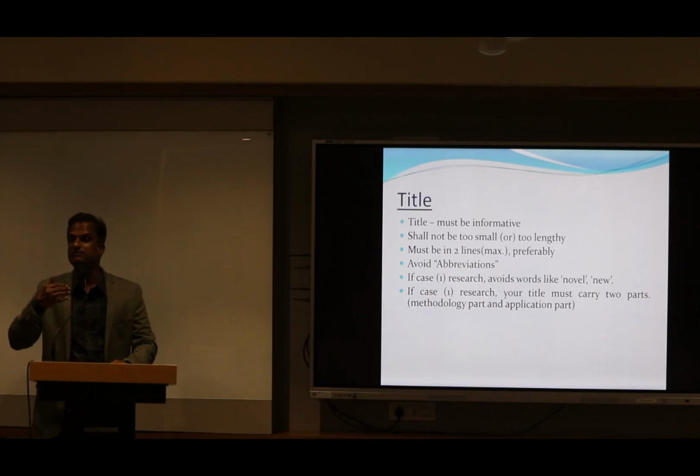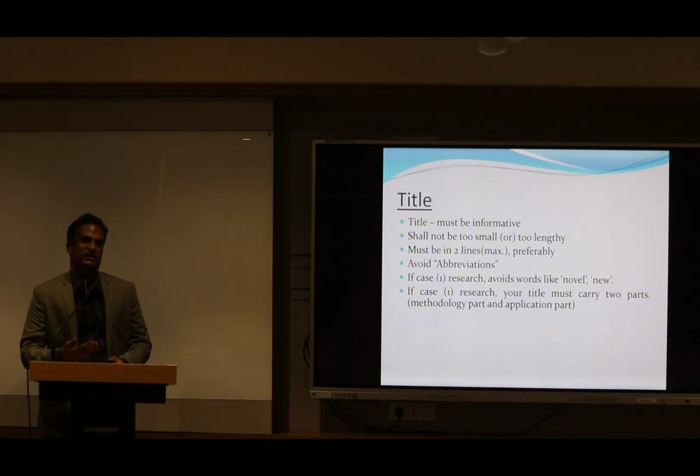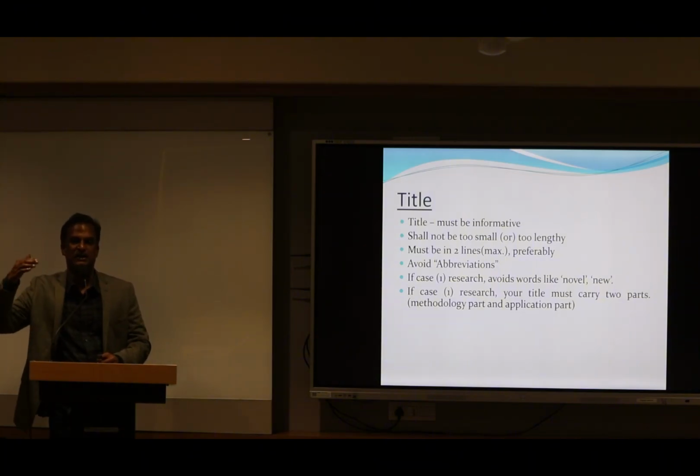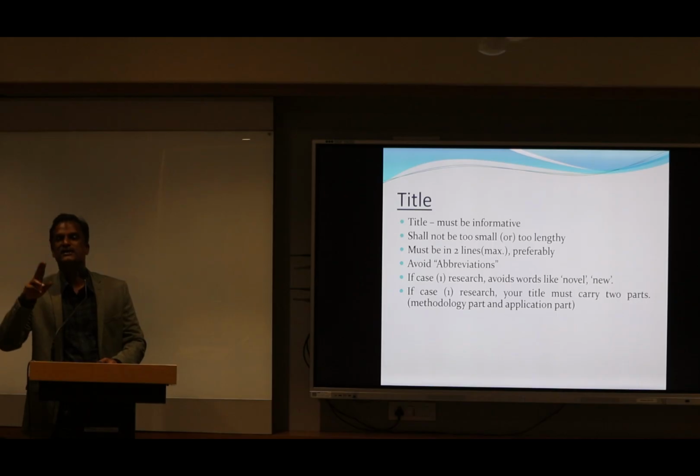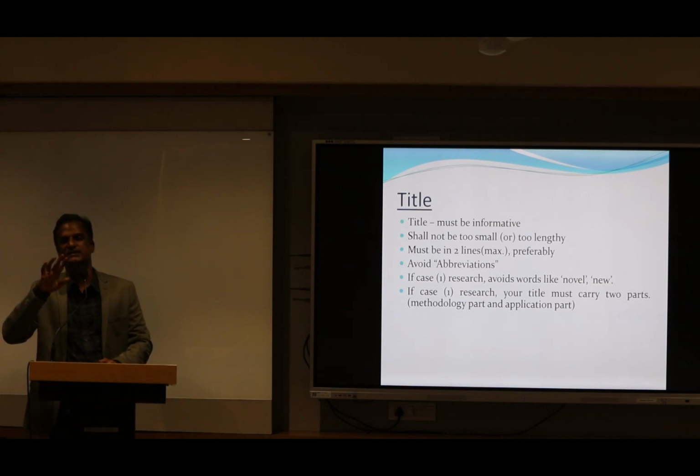Stroke detection in brain images using quantum machine learning. Understood? So when you have narrowed titles, the chances of your paper getting accepted are high. But you need to have at least 130 references for a review paper. 130 minimum. Okay, if that is the case, no problem.